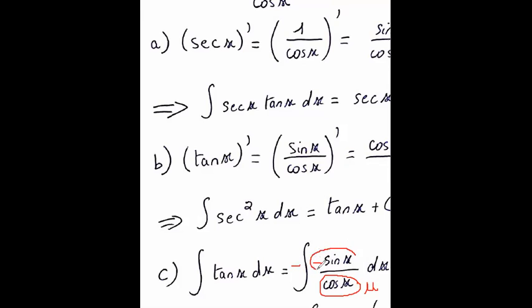So I will get the form integral of u prime over u, which is ln absolute value of u.